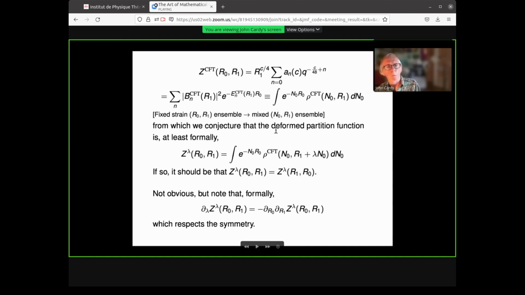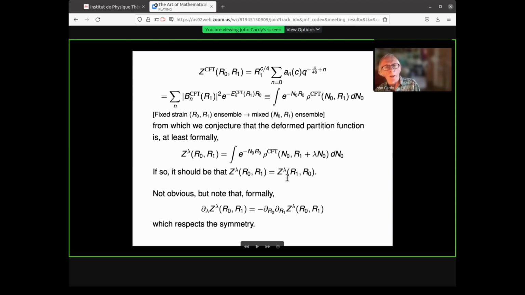What we should be able to do, in order to add the T-Tbar deformation to the undeformed theory, is that all that happens is that we shift the coordinate R1 by an amount proportional to the energy. So we've got to work out something that looks like this here.